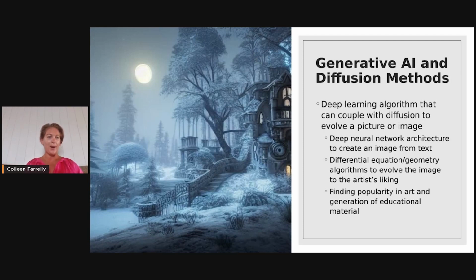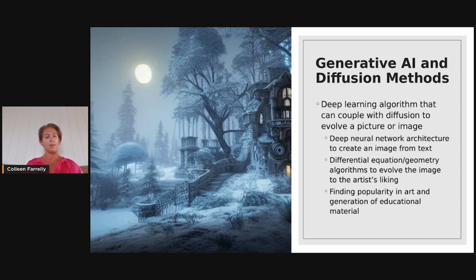There's a newer branch of machine learning that's been really useful, generative AI, and some of the geometry tools that evolve these creations have been playing a major role in having people being able to develop things through AI without actually having to know much coding. So basically, there's a deep learning algorithm that can take your text and create an image.